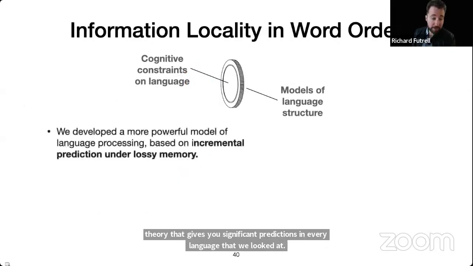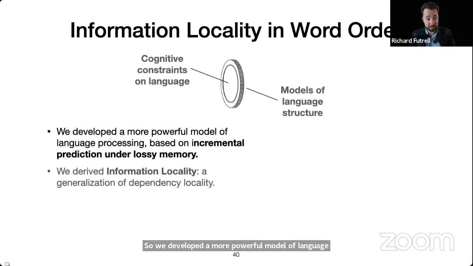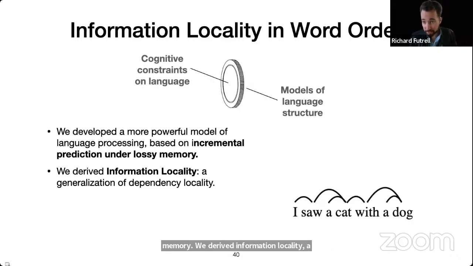So we developed a more powerful model of language processing based on incremental prediction with lossy memory. We derived information locality, a generalization of dependency locality. The way to think about it is like this. In dependency locality, we had these pairwise relationships among syntactically dependent words, and we thought those all need to be close to each other.